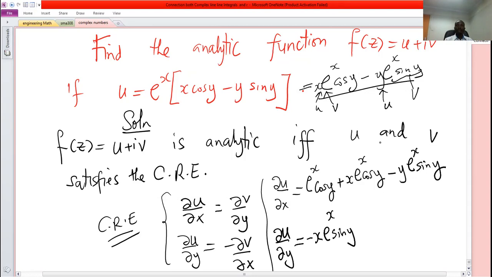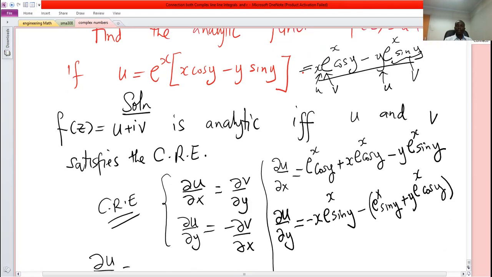So u prime is 1, so I get minus sine, and then e raised to the power x sine y, plus y e raised to the power x cosine of y.